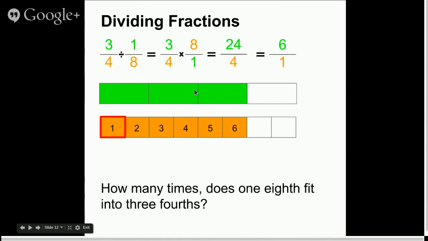To draw a picture of what's going on, this problem is asking 3/4 divided by 1/8. It's asking how many times does 1/8 fit into 3/4. So if I have 3/4 and I have 1 out of 8, how many eighths fit into these 3/4? Well, I can fit 1, 2, 3, 4, 5, 6 eighths into 3/4.